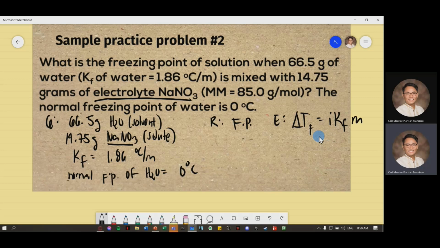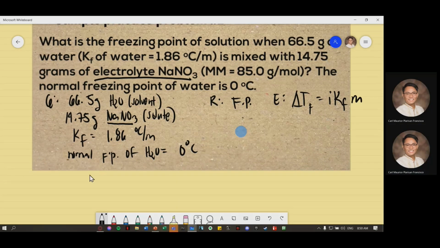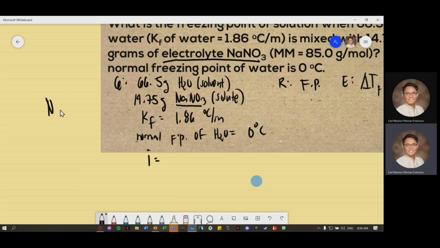But if ever that the electrolyte solution is present, like NaNO3, okay, so the Van 't Hoff factor for NaNO3, sodium nitrate, we have here 1 sodium, and then NO3. This is a polyatomic ion, NO3, isa lang yan. So you have 2. So the Van 't Hoff factor is 2.